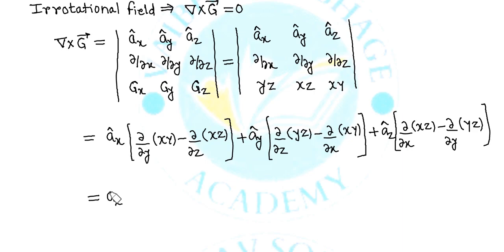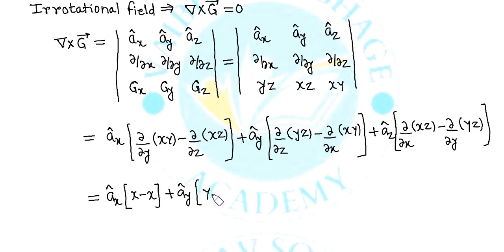Okay, so this one, ax cap. Now simplify that one. So derivative of this very first bracket with respect to y is what? We have that to be x. Derivative of second bracket with respect to z is what? We have that to be x again. Then plus ay. Now derivative of this bracket with respect to z is what?